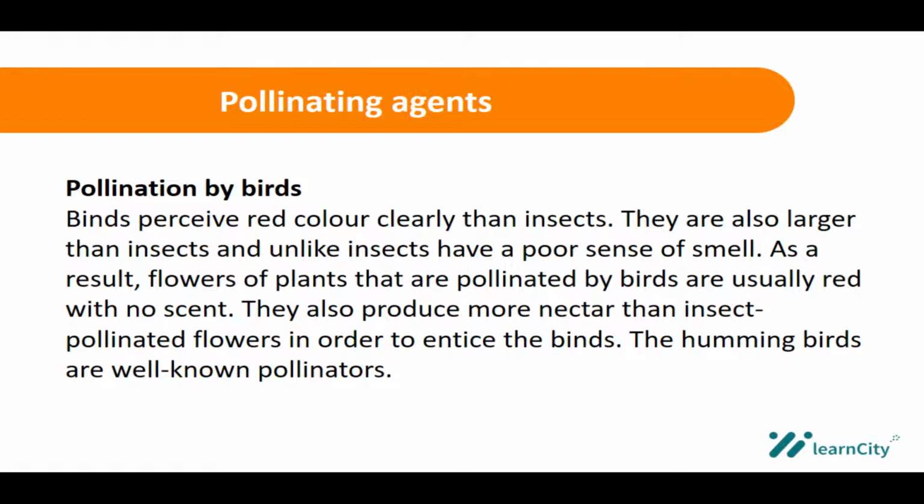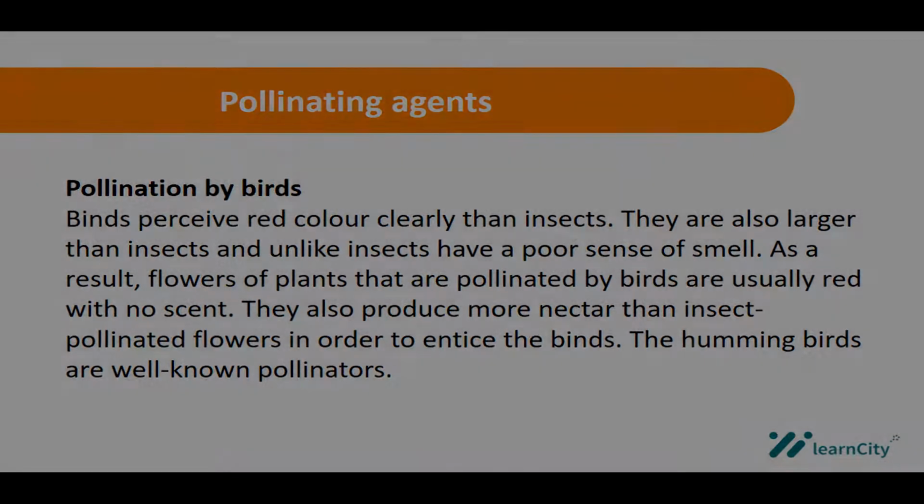As a result, the flowers that are pollinated by birds are usually red, and they do not have any scent. They do not have any smell, whether good or bad. They usually produce more nectar than insect-pollinated flowers in order to entice the birds. An example of birds that bring about pollination is the hummingbirds.